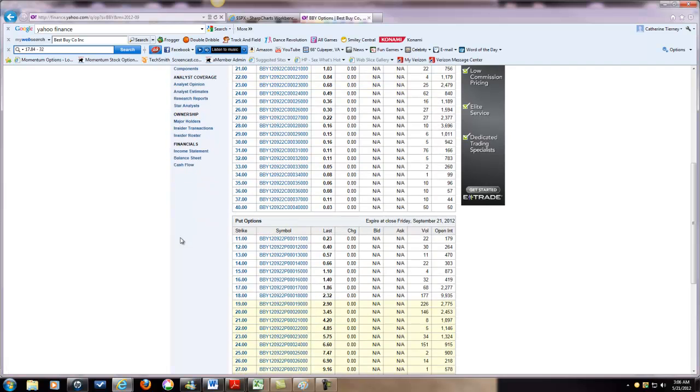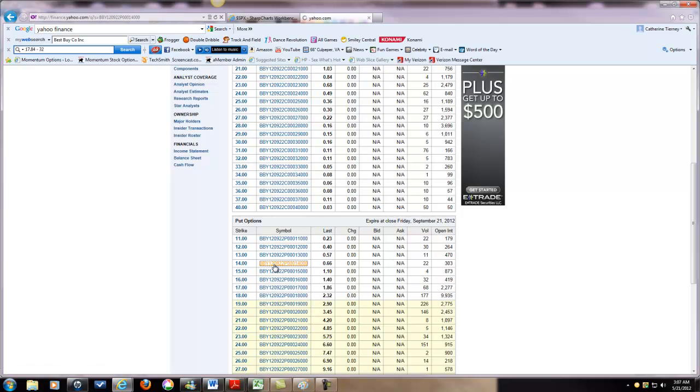But just for now, as you can see, the September 15s are going for $1.10, and then the 14s are 66 cents. Now, to me, I think Best Buy could hit single digits, but that's a little aggressive. So let's say 10 or 12.